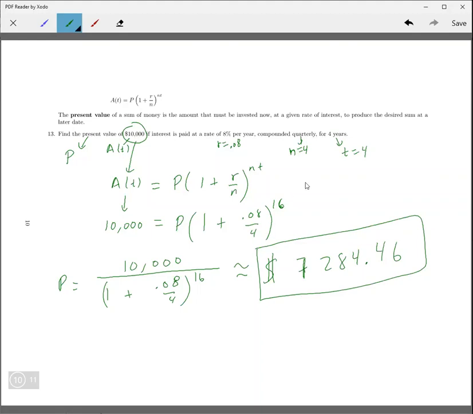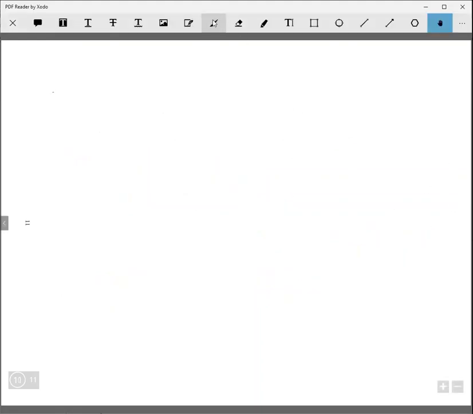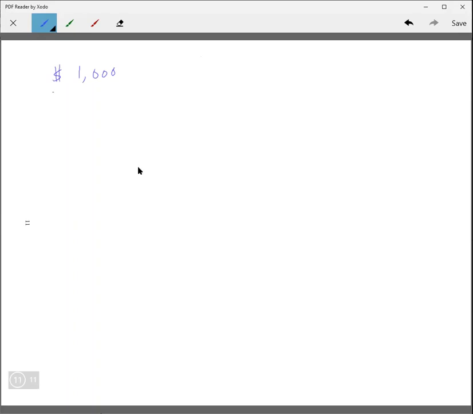Now, when I talk about this one, I usually do a little experiment here. Just a thought experiment for you guys to think about. So let's suppose that we had $1,000, and let's say that you're going to invest it for 40 years.